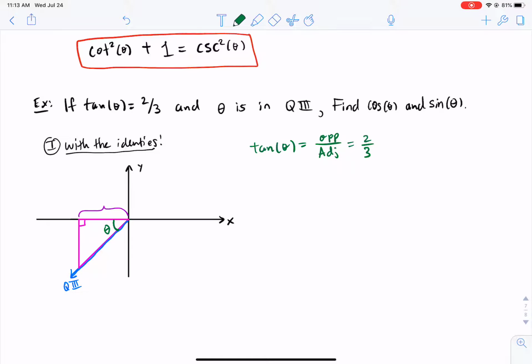So opposite here will be 2. But we want to be consistent. Since this is in the third quadrant, and the opposite side is the y value, it will be better for us to put -2 like this. You don't have to do this, but it's a little bit better because you're consistent that the y value there is -2. If you put +2, it's not going to make a big difference.